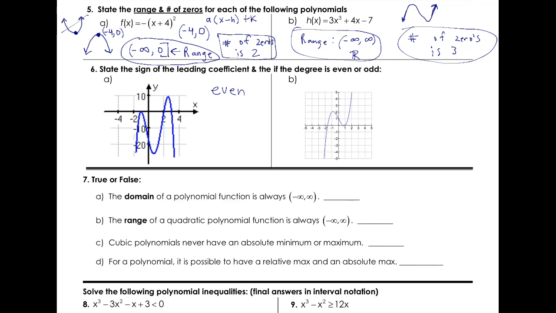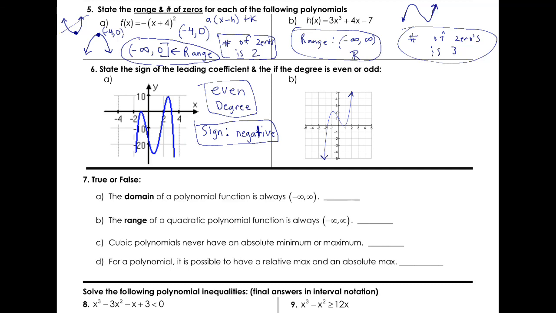So the sign is negative and an even degree. Even degree, sign negative.